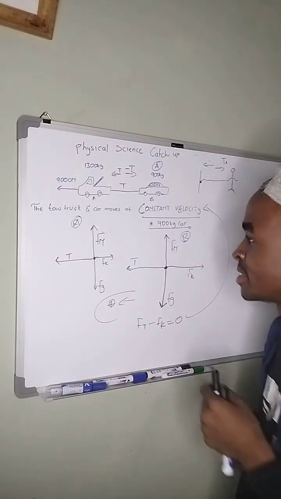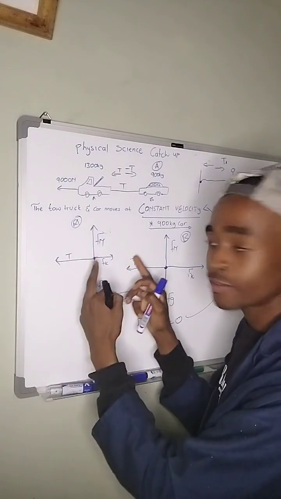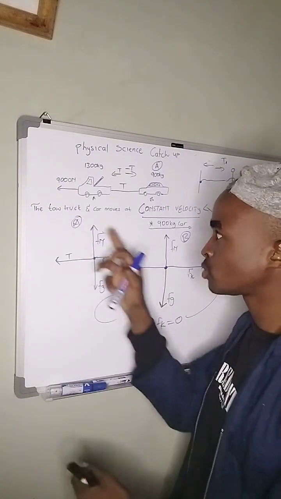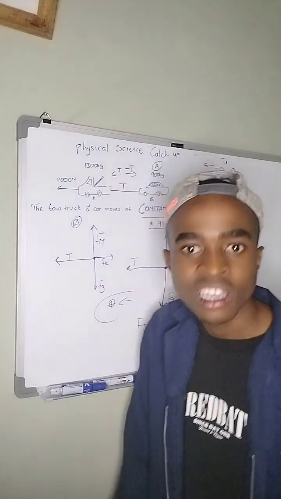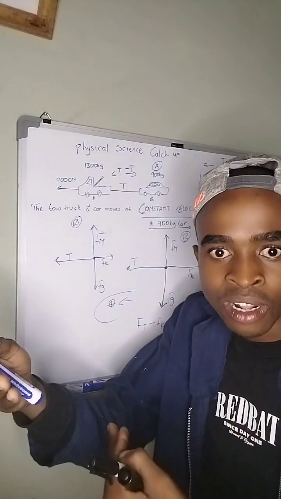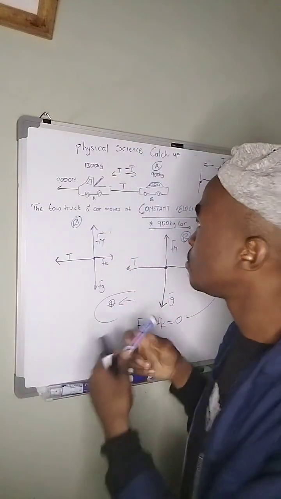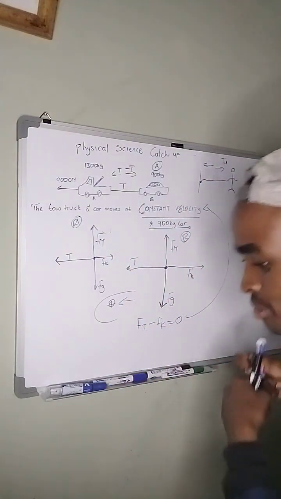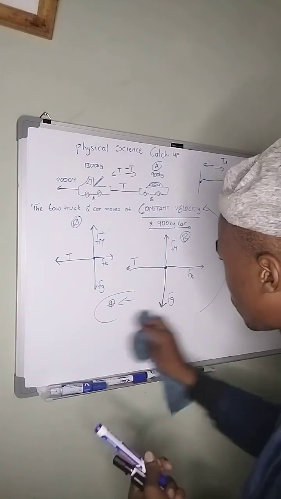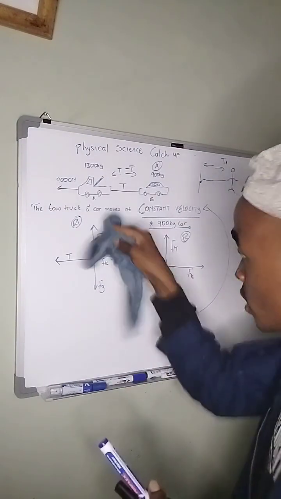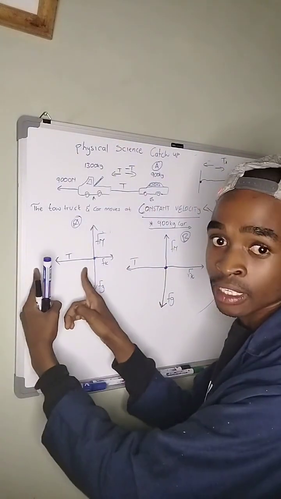Remember, guys, if the forces are not balanced, it means that this system is not moving at a constant velocity. It is accelerating. We've learned from grade 10 that if it is accelerating, the forces are not balanced.